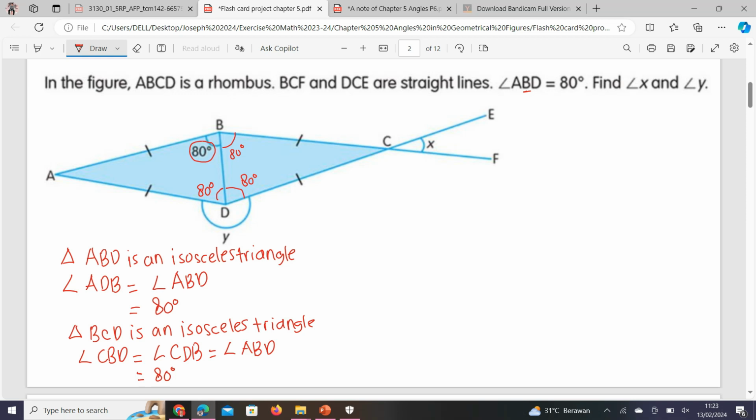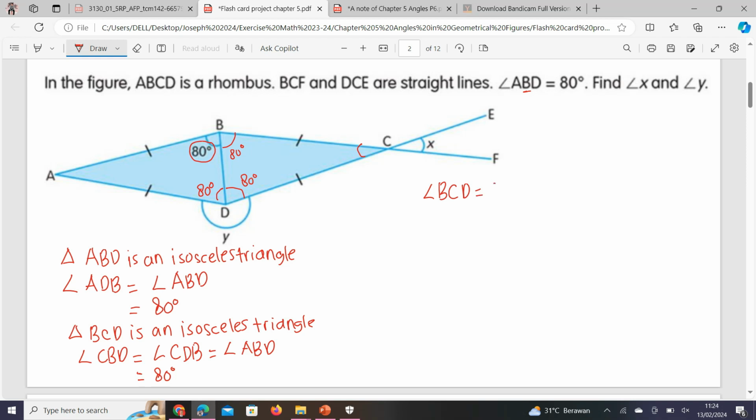Okay, from this, because BCD is an isosceles triangle, remember the law in point 2A that the sum of angles in a triangle is 180 degrees. So it's easy for us to find the angle of BCD.